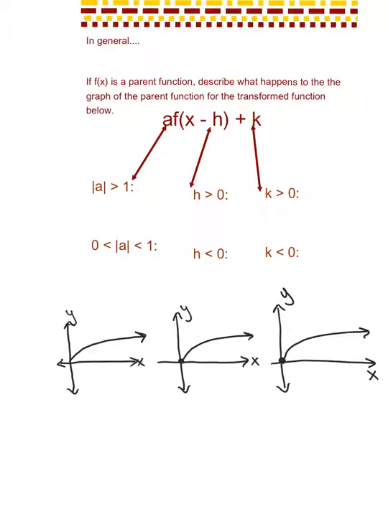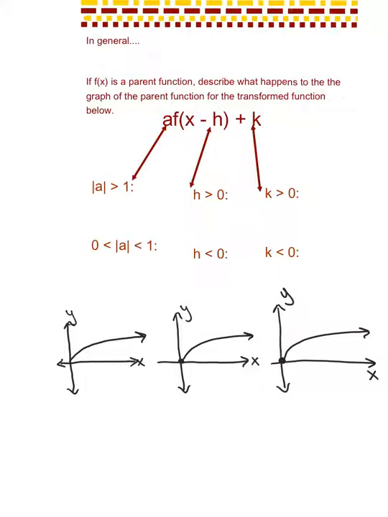Okay, so now that you've had time to investigate the A, H, and K sliders for the square root function, what we want to do is generalize what happens to all functions whenever they have these different values placed in the right places.